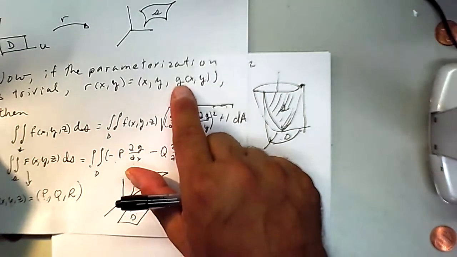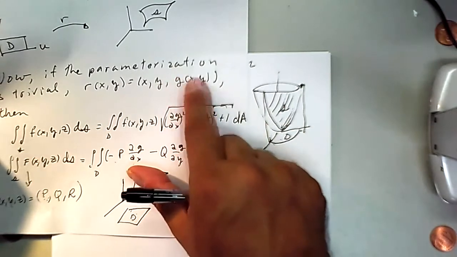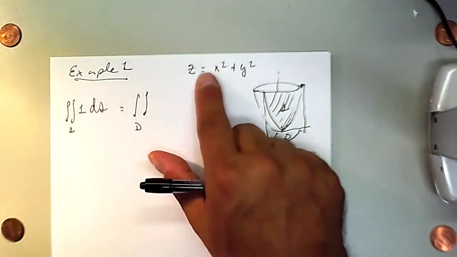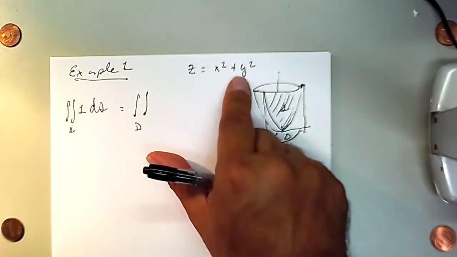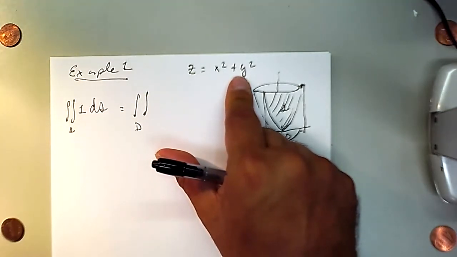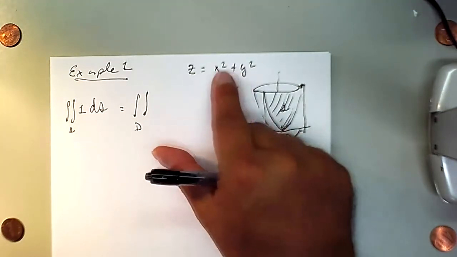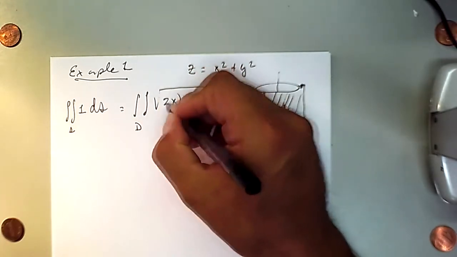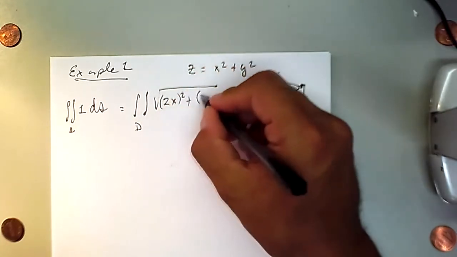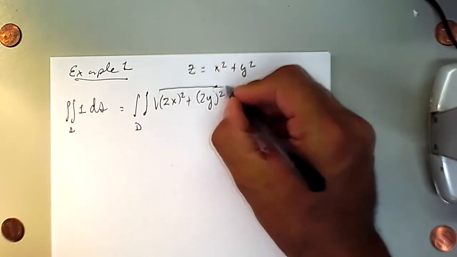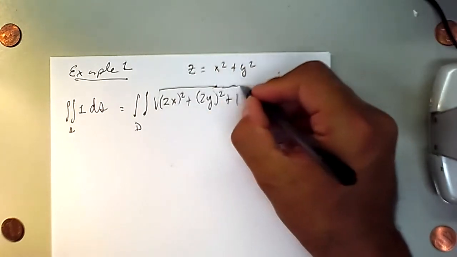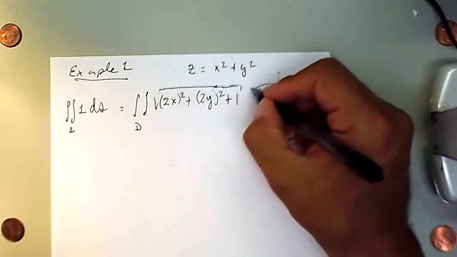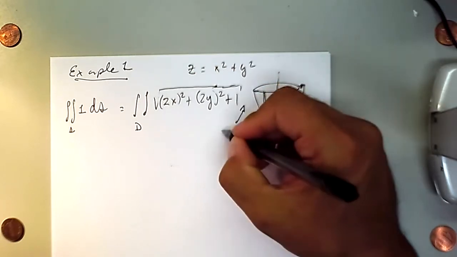We don't have to put G, we can just say Z, which is a function of X and Y. So we can do the partial of this with respect to X, and then square that, which would be 2X, square root of 2X quantity squared plus 2Y quantity squared plus 1. And then with respect to the area.